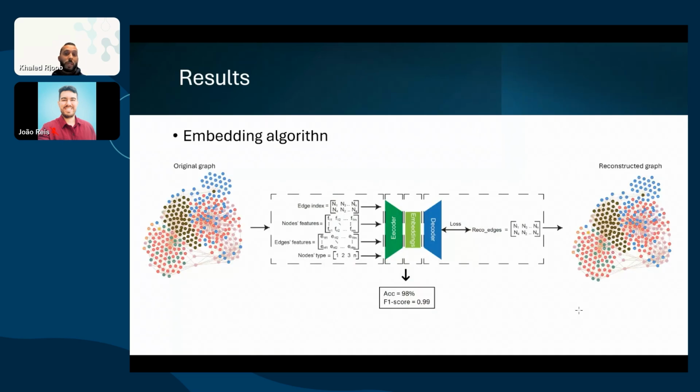Using our embedding algorithm, we obtained a high accuracy of 98%. This accuracy was calculated by comparing the original graph with the reconstructed graph.